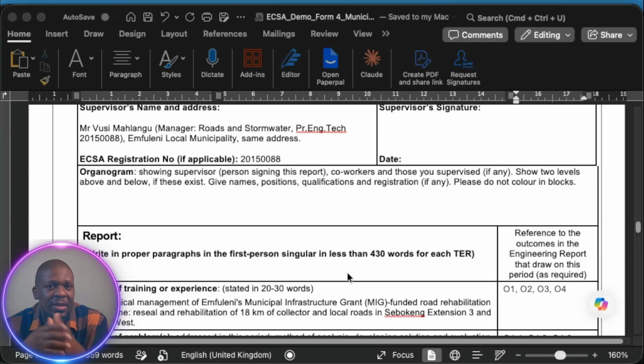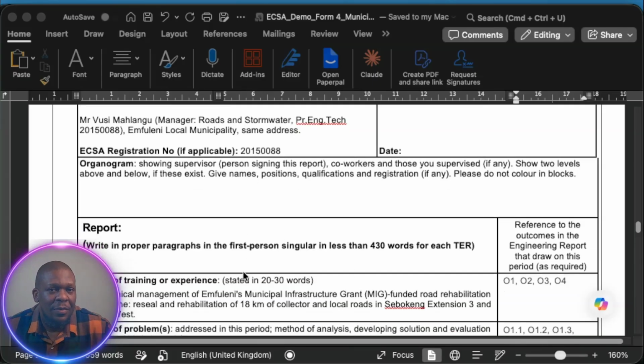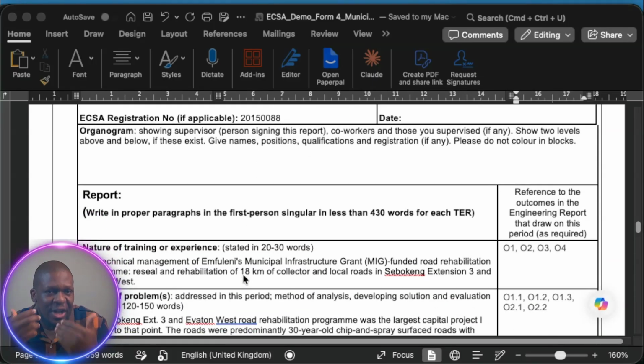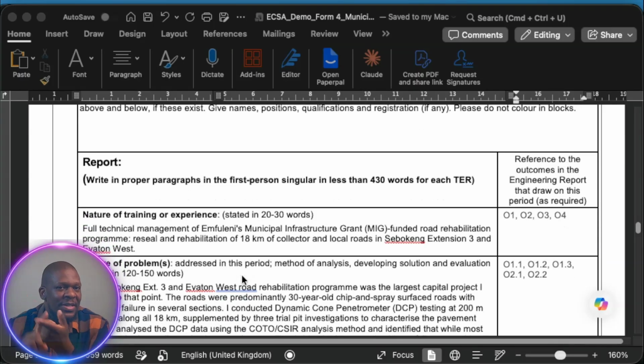It's called MIG, and it involves reseal and rehabilitation of roads. So their training in this case is management of municipal infrastructure grant, MIG funds, for rehabilitation of roads, which involve resealing and rehabilitation.